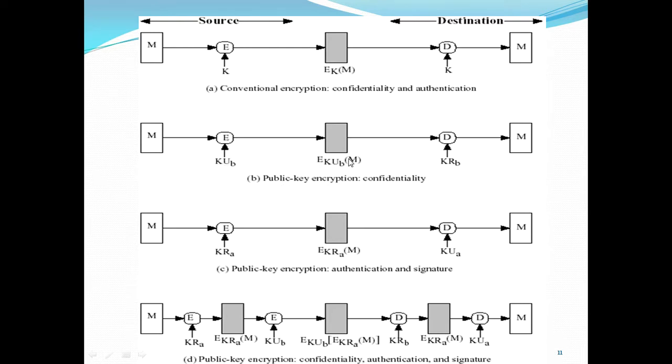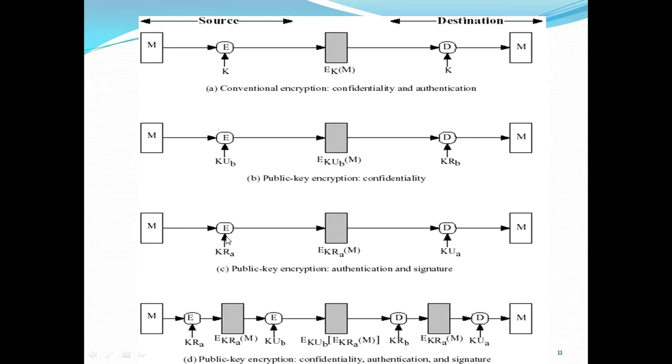Whereas in authentication, suppose it is message authentication using encryption, there is a third model. The private key of user A is used to encrypt the message. The message is encrypted by the private key of user A. A means this side, and then the receiver side. You know the public key is available.